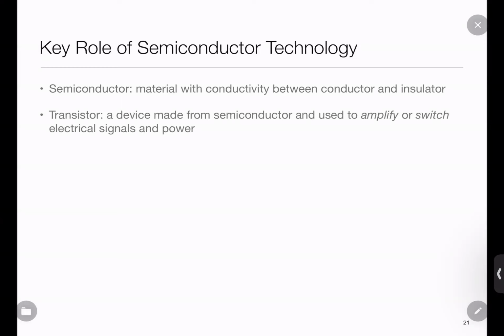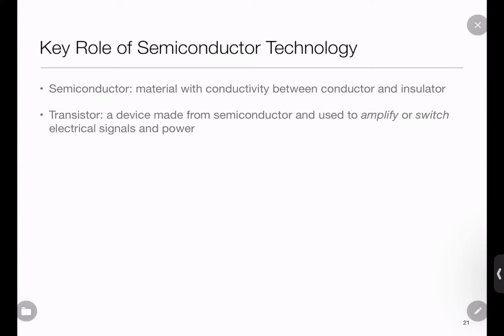A semiconductor is any material which has properties of both a conductor and an insulator. It turns out that a material like that can be cleverly used to act like a software controllable switch. That is, I give it an input from software, and then I can turn the switch on or off. I can also use this device as an amplifier.